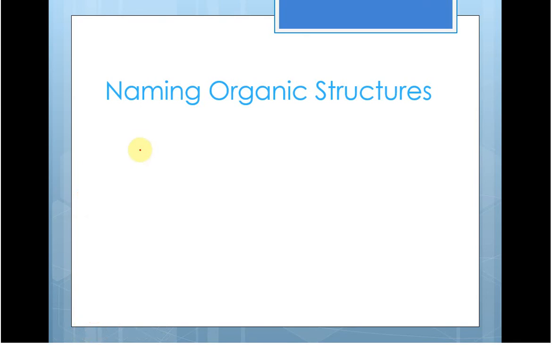If, on the other hand, we wanted to do something like this, 1, 2, 3, 4, 5, 6 carbons, that's our longest chain. So that means it's going to have hex in the name. All single bonds, so it ends in ane. And then we have chlorines, 1, 2, 3, 4, and 5 position.